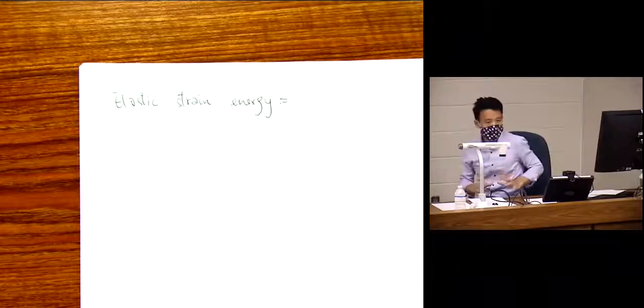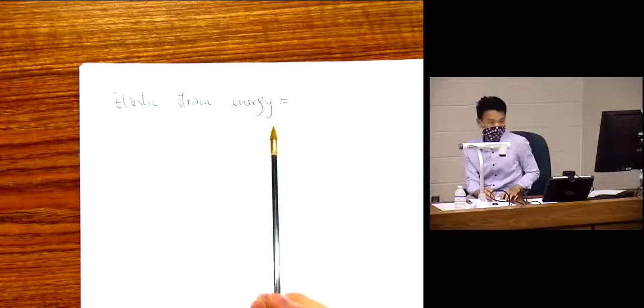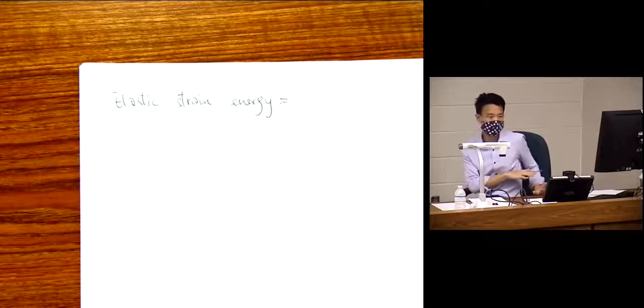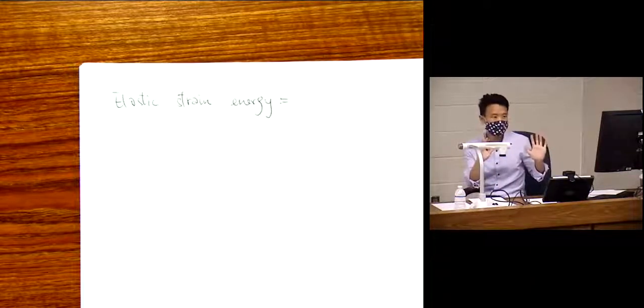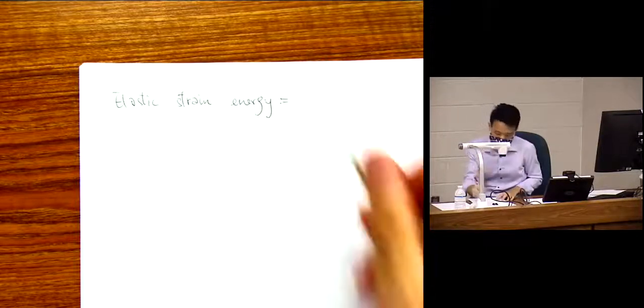And there's a lot of mathematics behind it that I'm not going to go through. So Griffith used the solution of Inglis for the stress field, except not at the tip. But he integrated the stress field and the strain field around the whole body, and then he calculated a quantity for the elastic energy inside that body. So I'm going to show you the result right away.